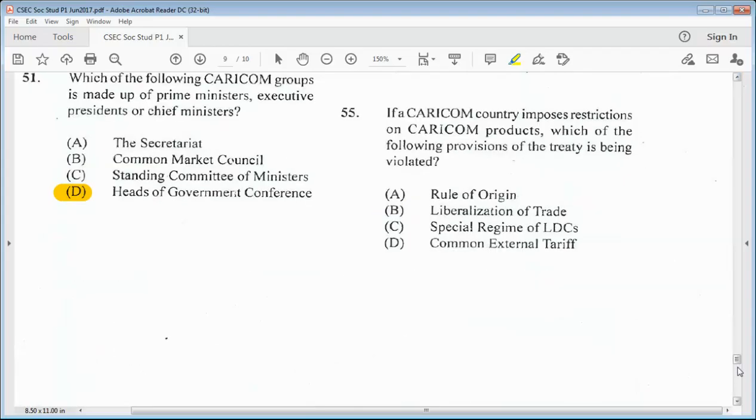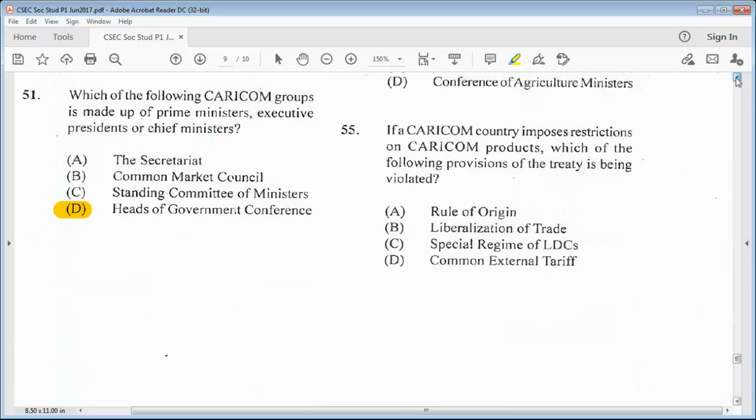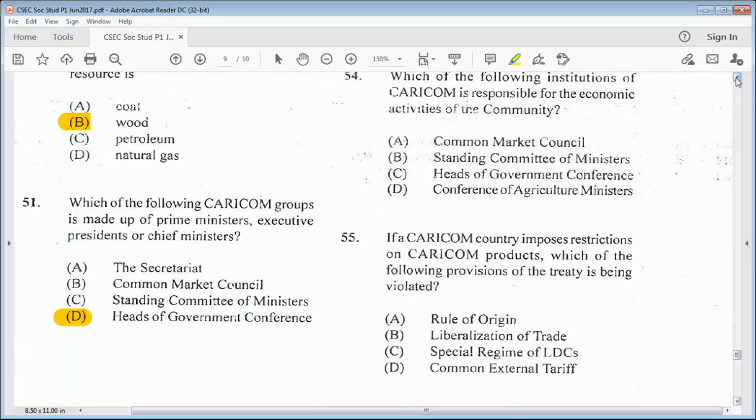Let's move on to 54. It says, which of the following institutions of CARICOM is responsible for the economic activities of the community? A, Common Market Council. B, Standing Committee of Ministers. C, Heads of Government Conference. Or D, Conference of Agriculture Ministers.